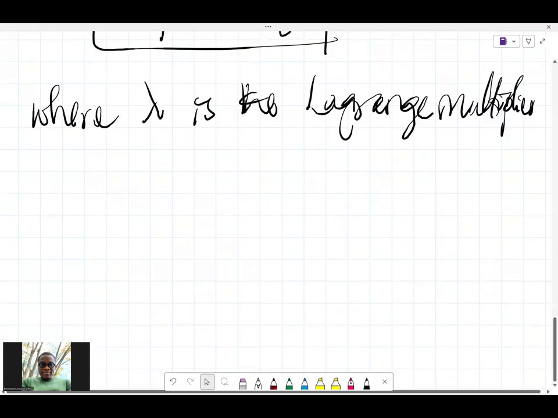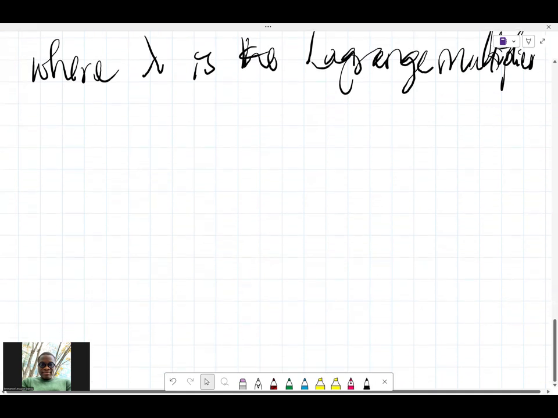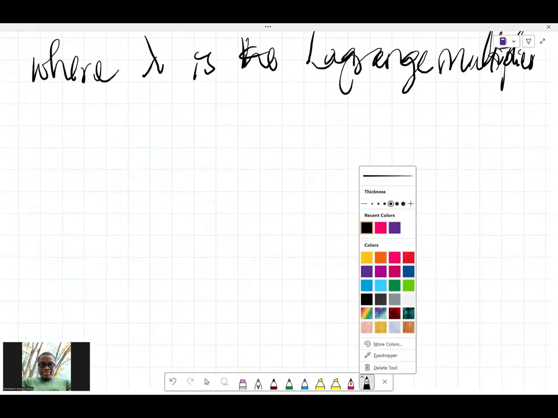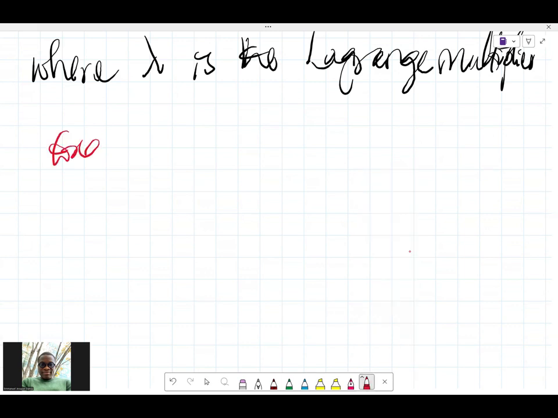For the sake of this, I'm going to take two different examples so that we can have a proper understanding of Lagrange multipliers. Let's start with example 1.